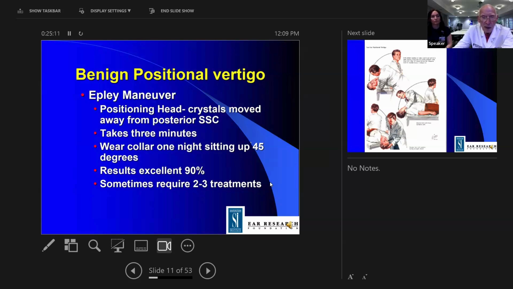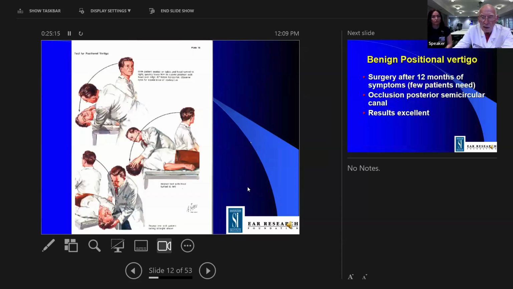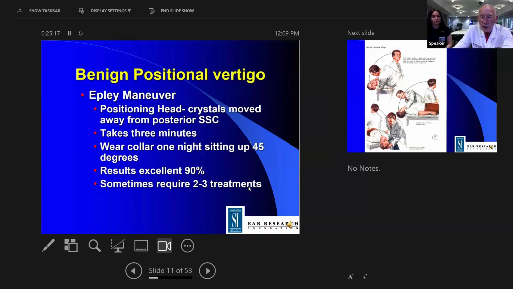And the way we do the Epley maneuver is that we take the ear that's affected, and we take the patient from the sitting position to the lying position with the head turned to the side of the dizziness. So if you get dizzy rolling over on the left side, it's usually your left inner ear that's causing the problem.